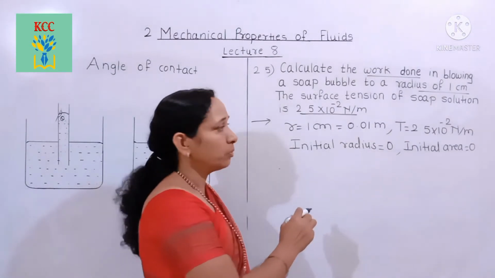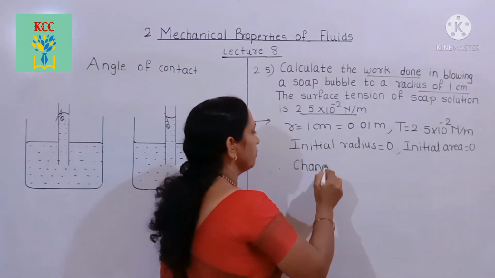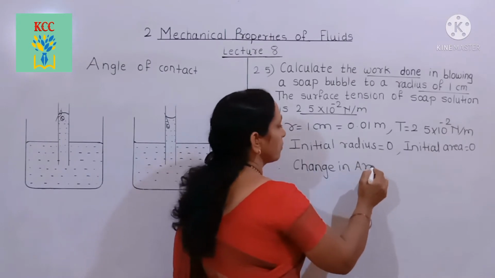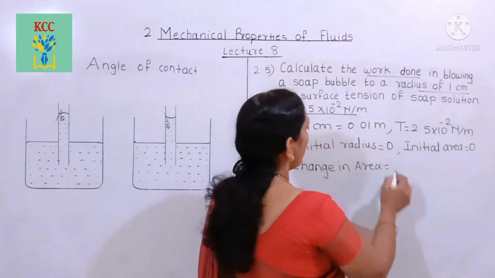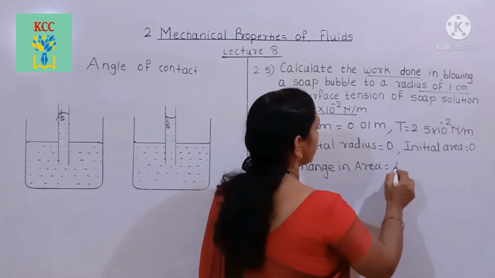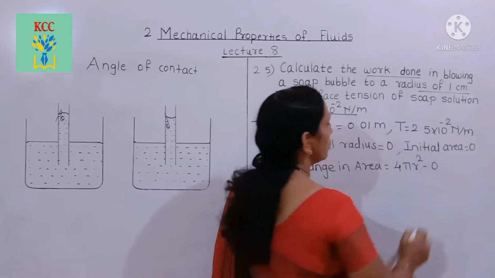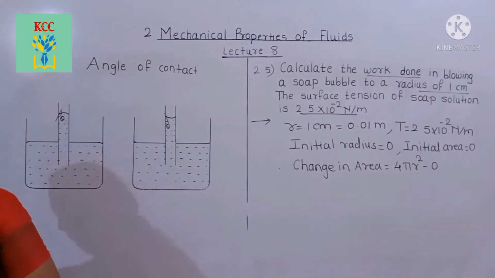change in area is equal to 4 pi r square minus 0.